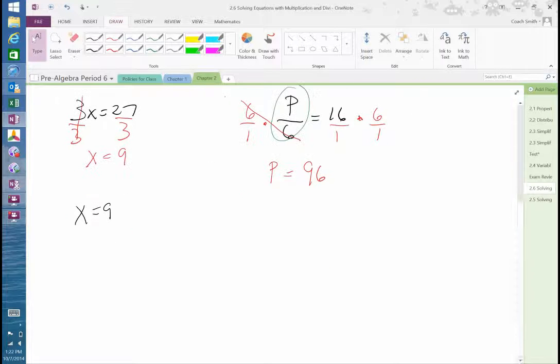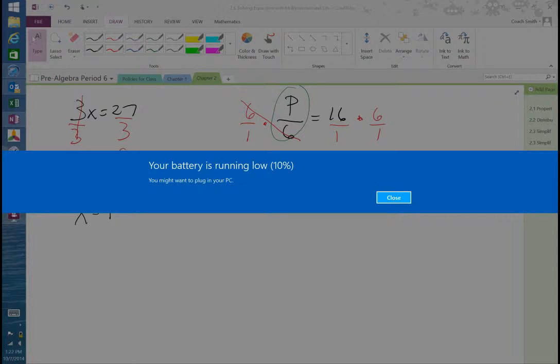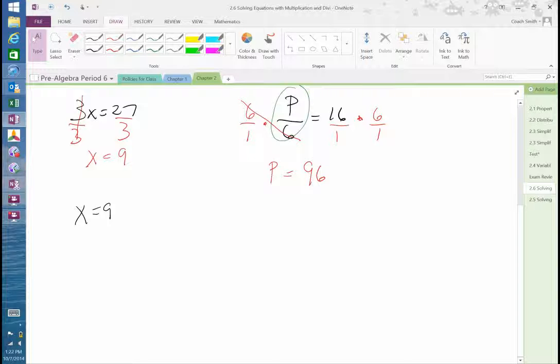All right, now I want you to try these two. C over negative 2 equals negative 91.